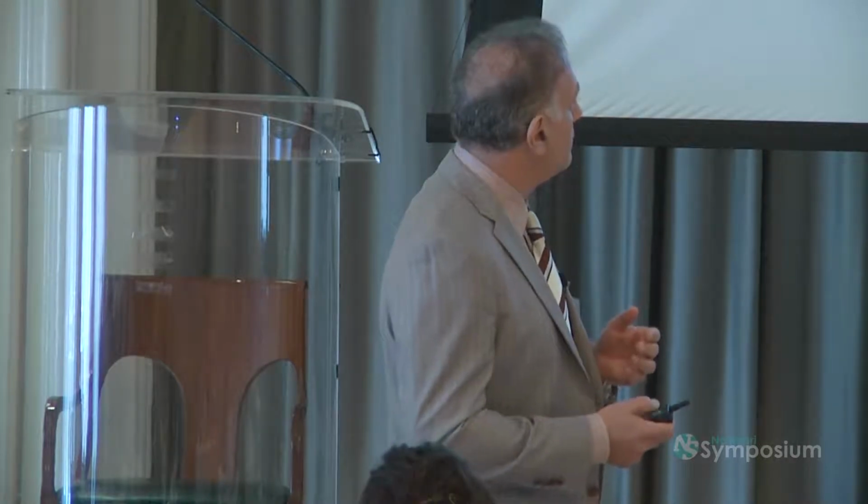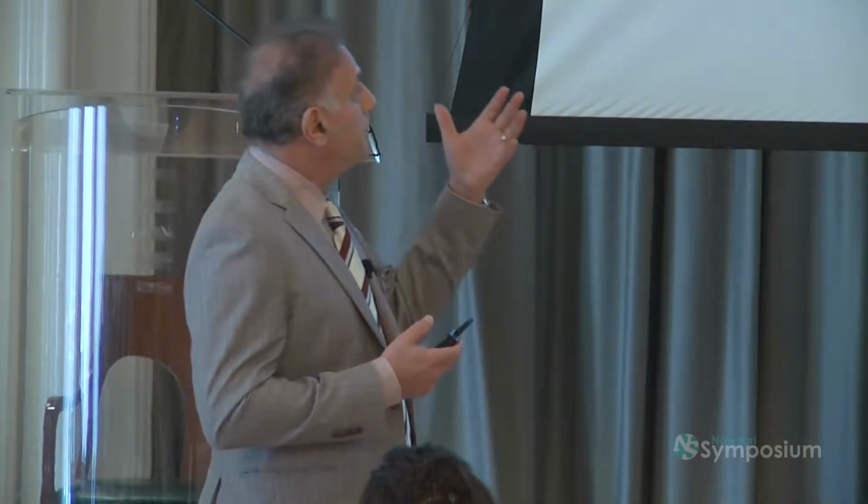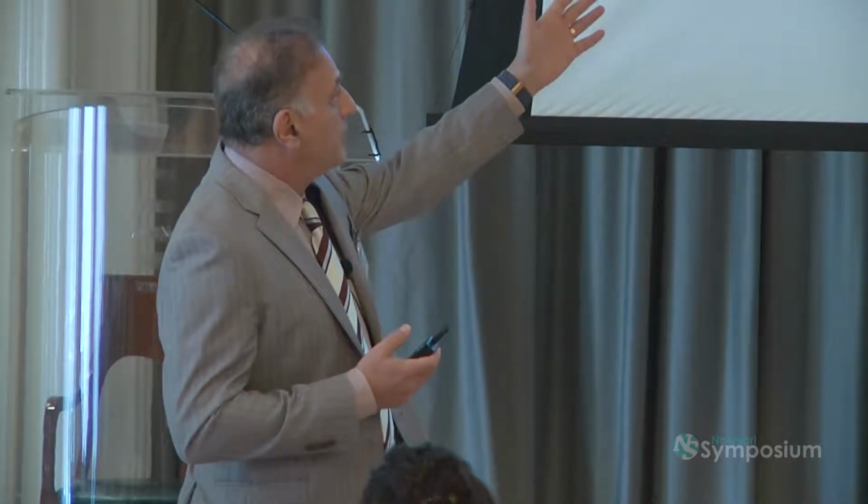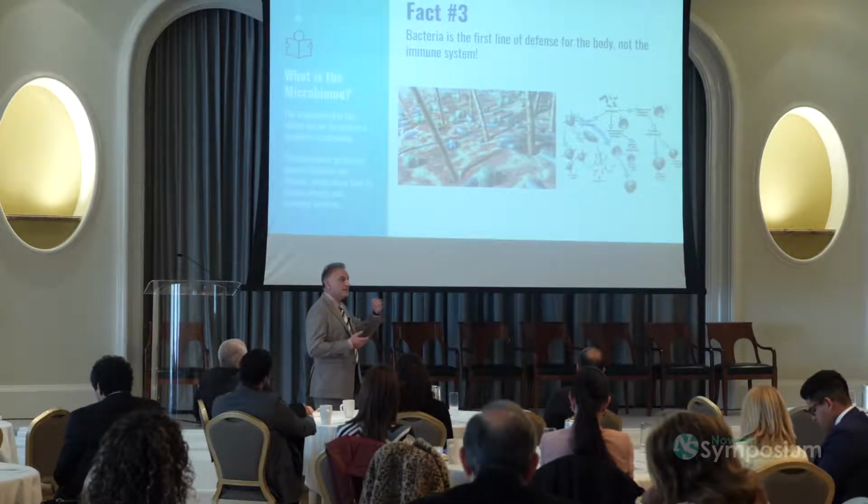And then they also produce the neurotransmitters dopamine and serotonin, which affects the mood. So when you look at your skin, the microbiome is on your skin protecting you. So again, the first line of defense is actually the microbiome. It's not the immune system.